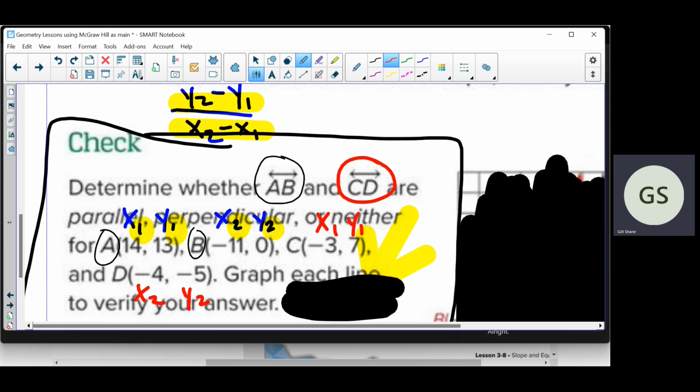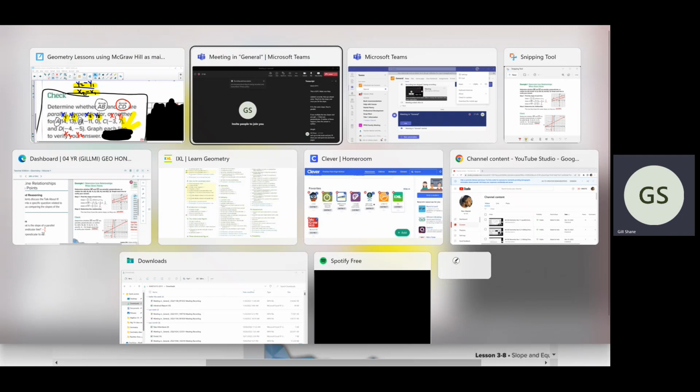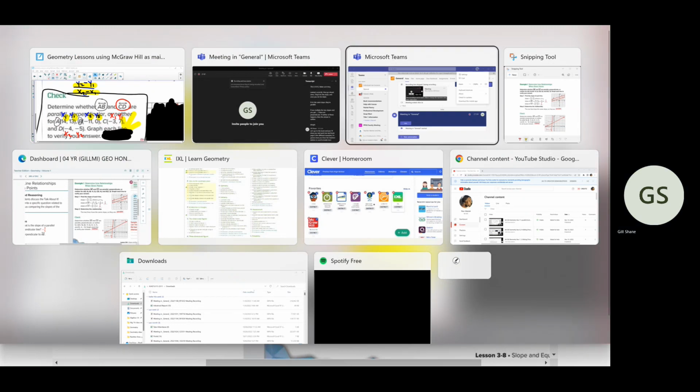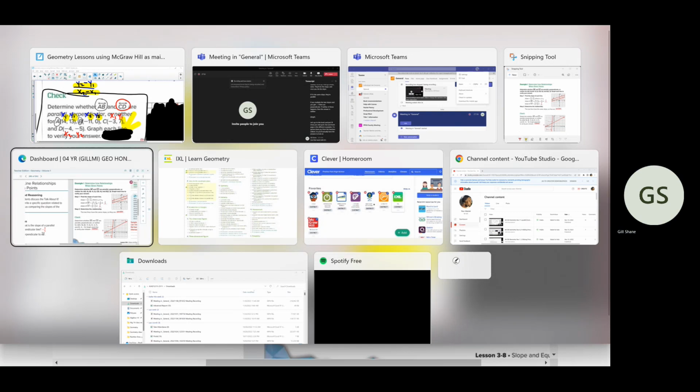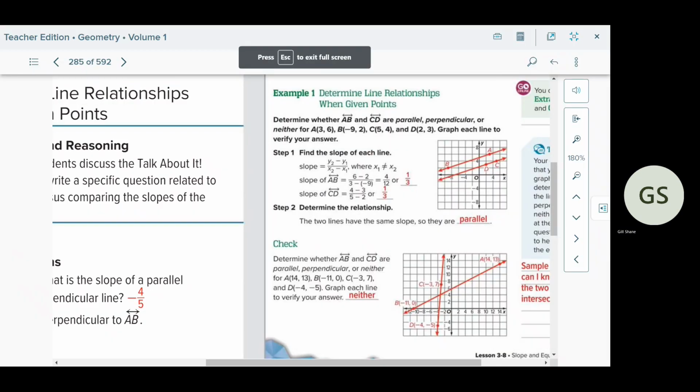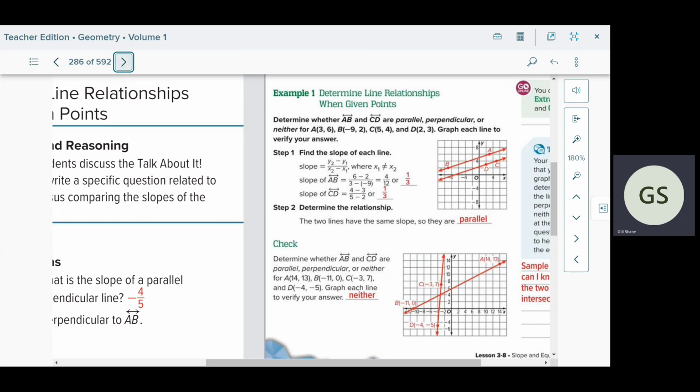Let's go to the book and I'll show you real quick the different examples on the book pages. I'm going to show you from the teacher's edition, so you'll actually have the answers to look at. Can you find where it is? Oh, it's actually in, yeah. So that's example 1 we just did. There you have the answers again.